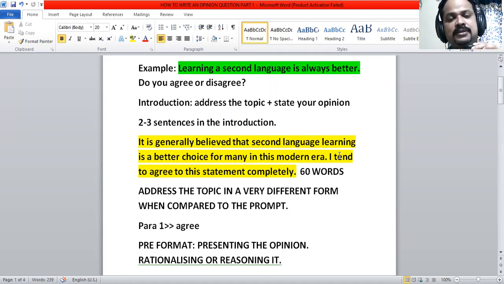But if you are sitting with the introduction for 5 to 7 minutes, it is hopeless. You won't get enough time to complete your conclusion. That is the core part. The answer of the essay, the conclusion, won't be addressed properly if you spend too much time on the introduction.